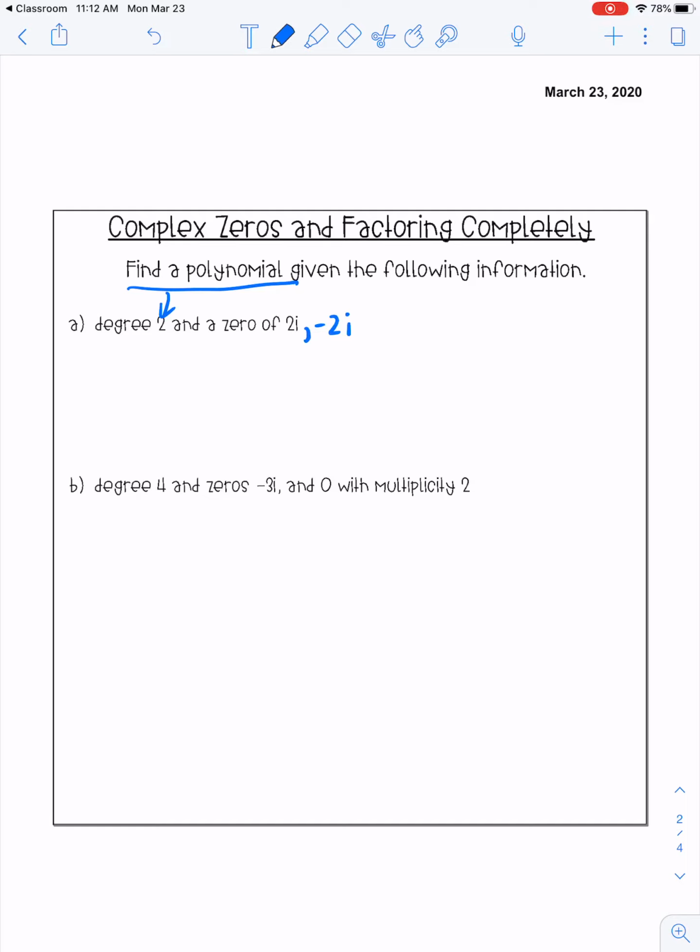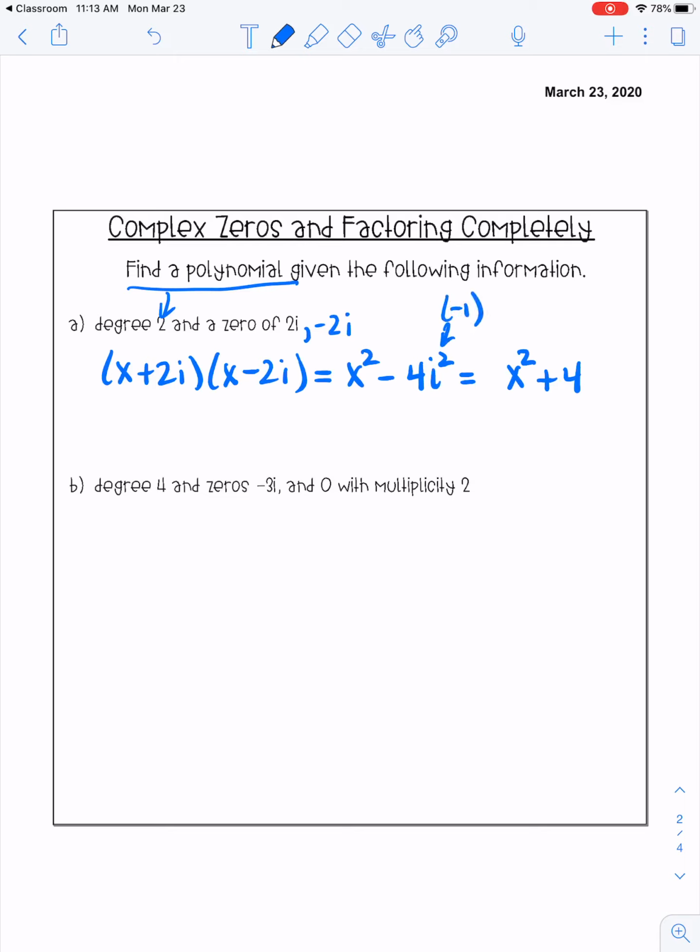So that must mean my factors are x plus 2i and x minus 2i. So when I distribute, I'm going to get x squared. Middle term cancels out. I'm going to get negative 4i squared, which is going to give me x squared plus 4. Because then remember the i squared is negative 1.